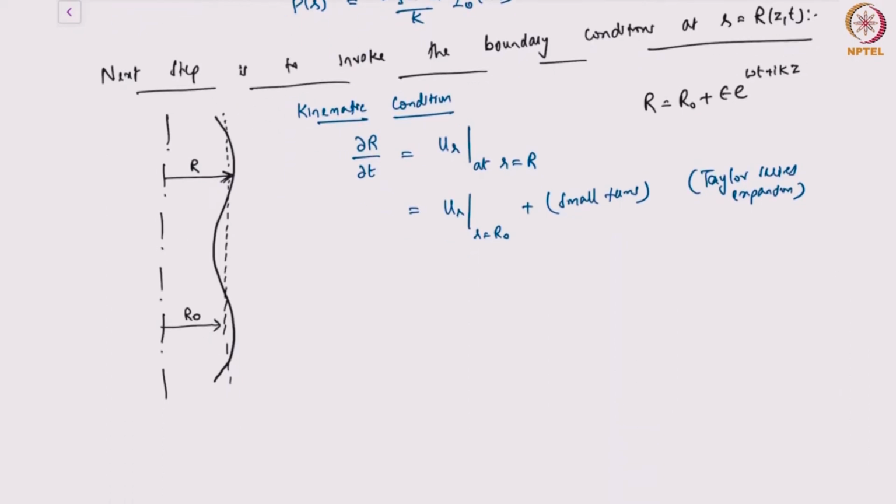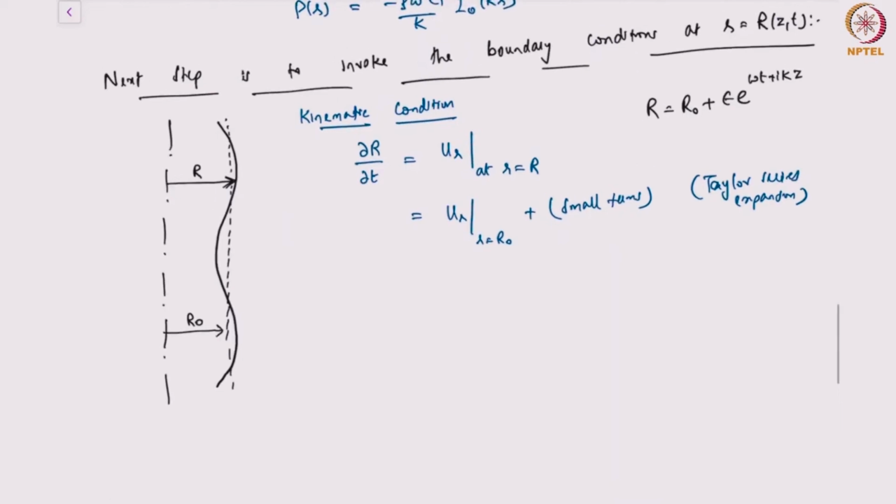So the left hand side, del r by del t, becomes epsilon omega e power omega t plus I kz. The right hand side simply becomes capital U of r at r equals r naught, times e power omega t plus I kz.